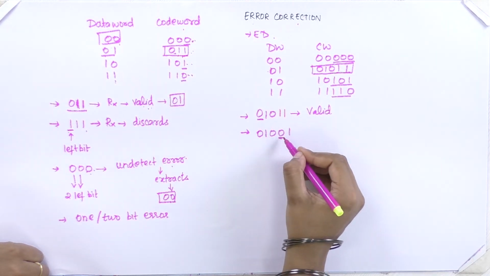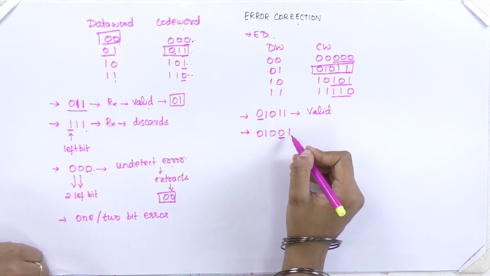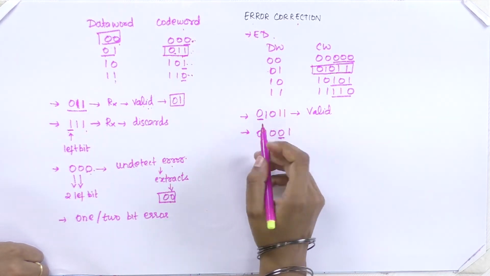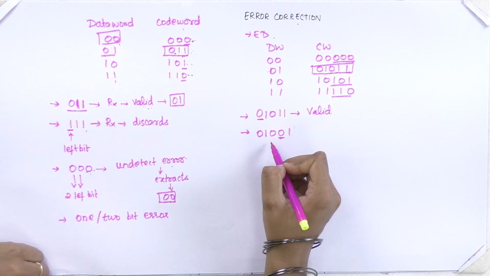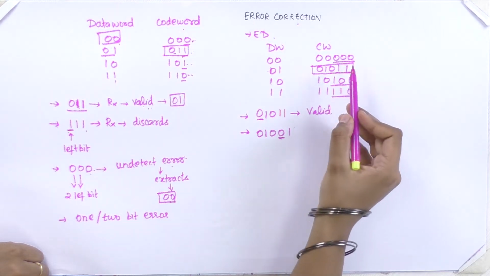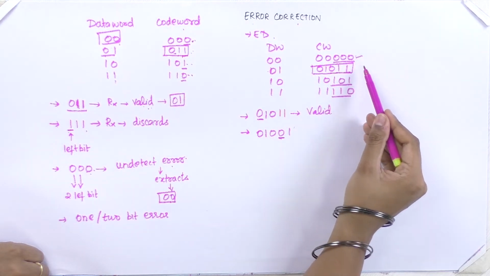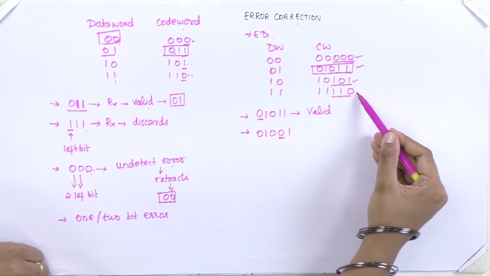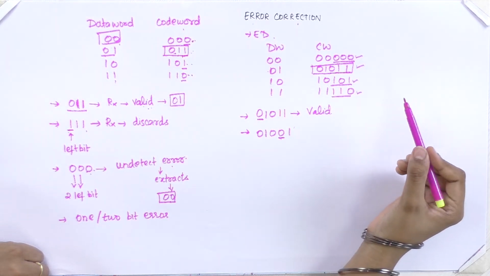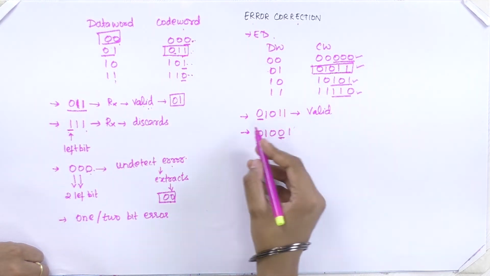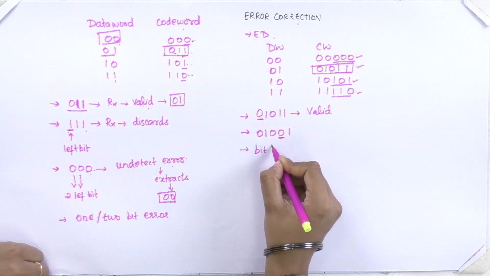In this case, I check my corrupted word with each of the code words in the table. I will make a bit by bit comparison.